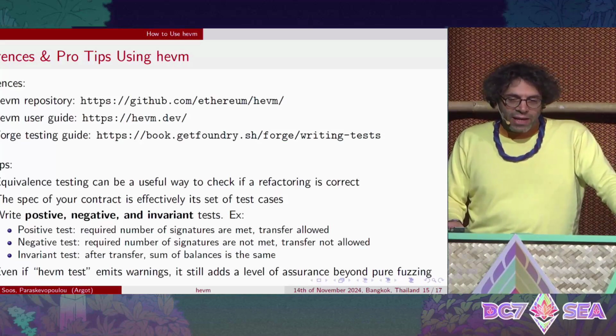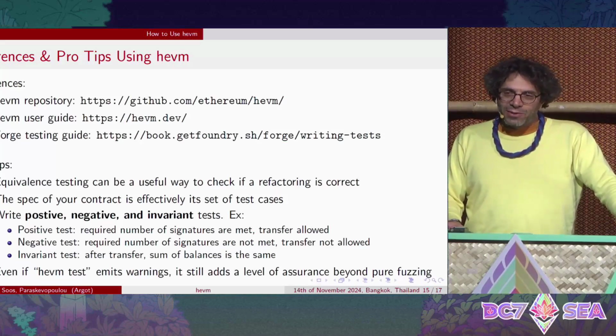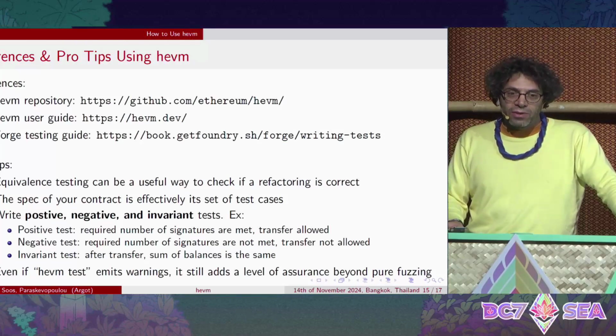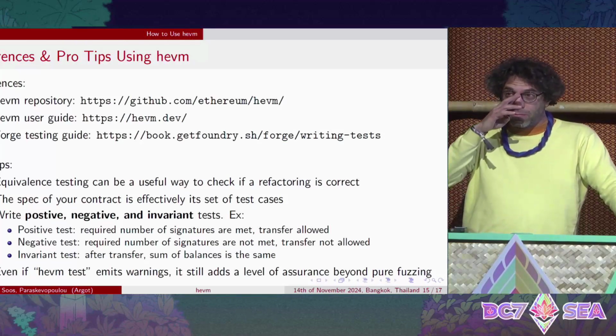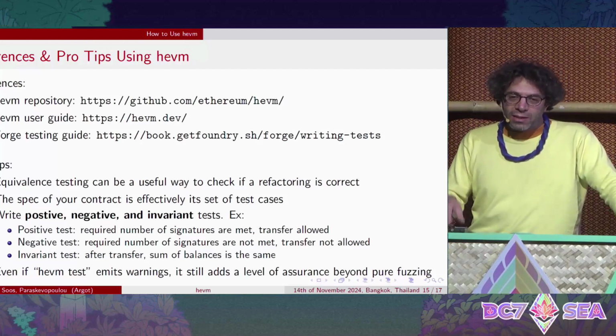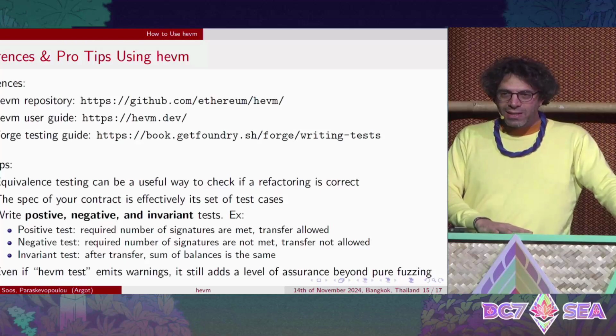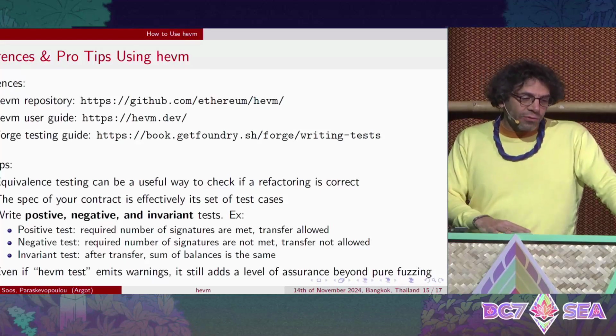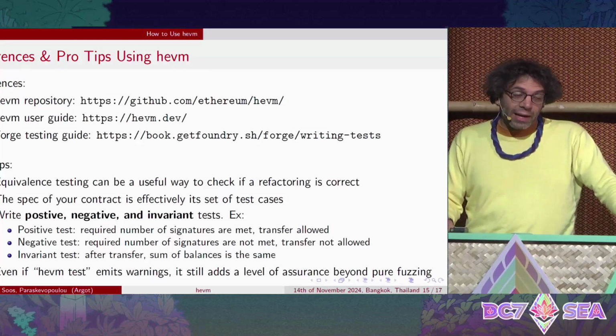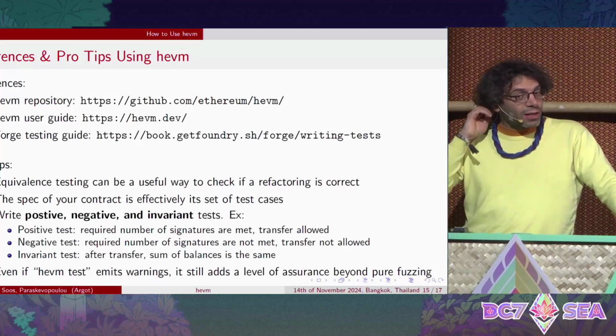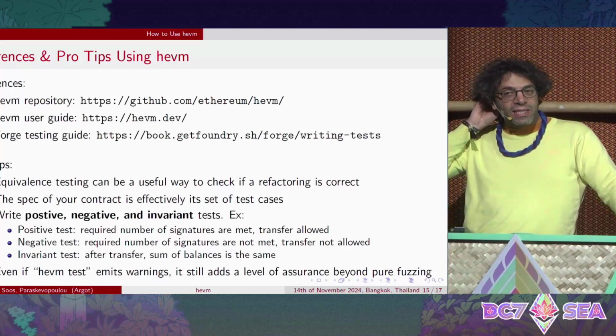If you write a lot of tests, then eventually your tests are going to be your specification, and that can be quite nice as a driver for thinking about your contract in terms of what it's supposed to do rather than what the code says it's doing. And of course, I encourage you to do positive tests, negative tests, and invariant tests.